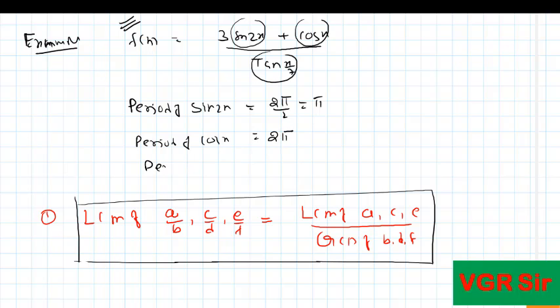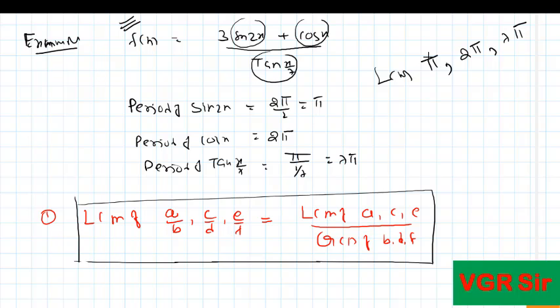The period of tan x by 7: the coefficient of x is 1 by 7, the fundamental period is pi by 1 by 7, that is 7 pi. Now I want to find the LCM of pi, 2 pi, 7 pi. Pi is common, so you want the LCM of 1, 2, 7, which is 14. So finally I can say that 14 pi is the period of the given function f of x.